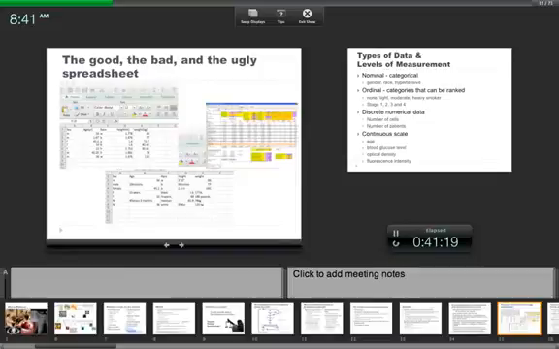Now, this is an example of the spreadsheet, what I call the good, the bad, the ugly. So this is an example of a good spreadsheet. Okay? So you can see here, you have the name of the variables on the first row. And then the data is coded uniformly with M for male, F for female, and then the age of the person.